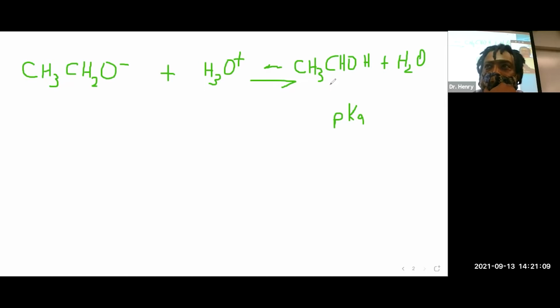And since H plus, I thought, okay, there's no H plus on that. It's an H plus being added to CH3CH2O. So obviously I thought, okay, if an H plus is being added, it's going to be a bit smaller than the other side. I don't know. I'll have to think on that. Yeah, good luck.